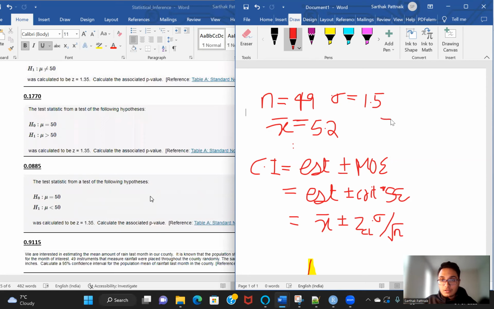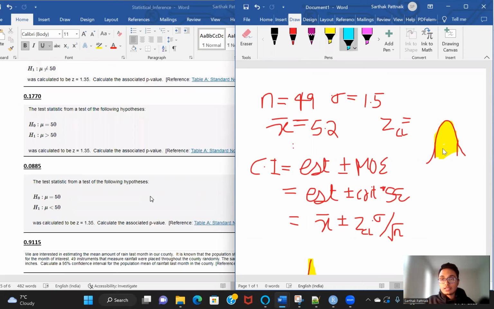You have all the values, you just need to calculate your z critical. And how do you calculate your z critical? You have been given the 95% confidence interval. This right here is 95%.